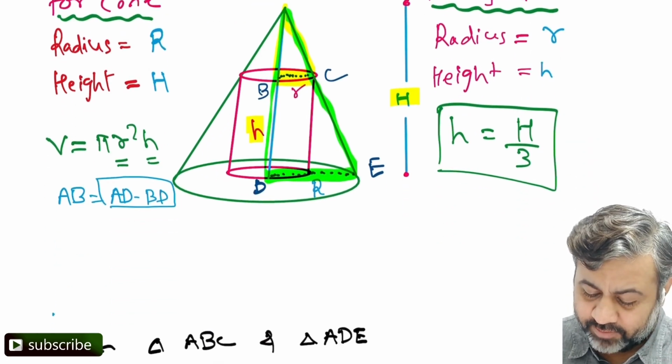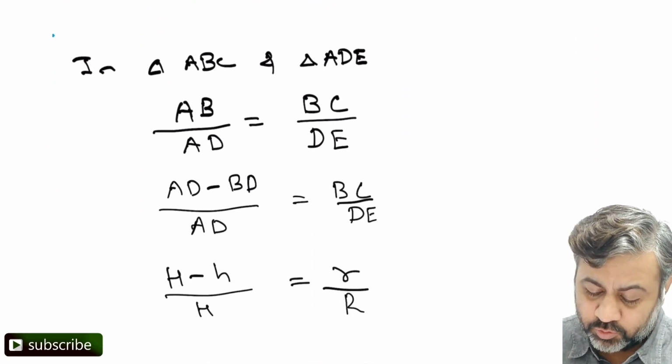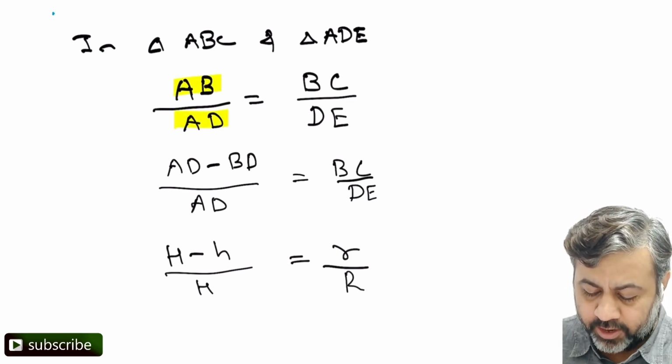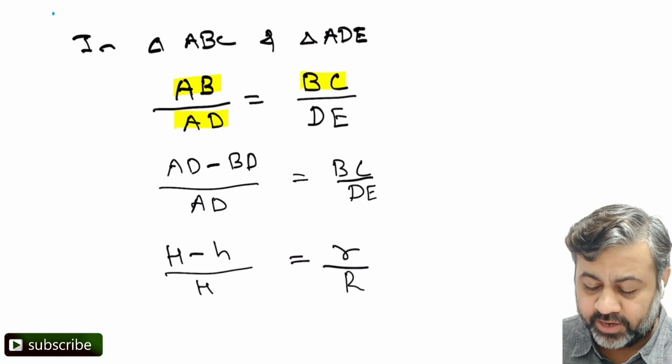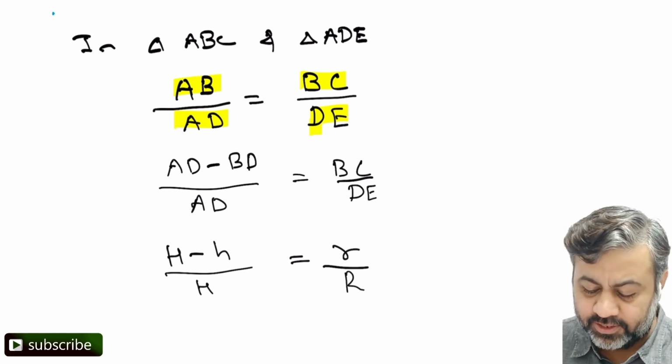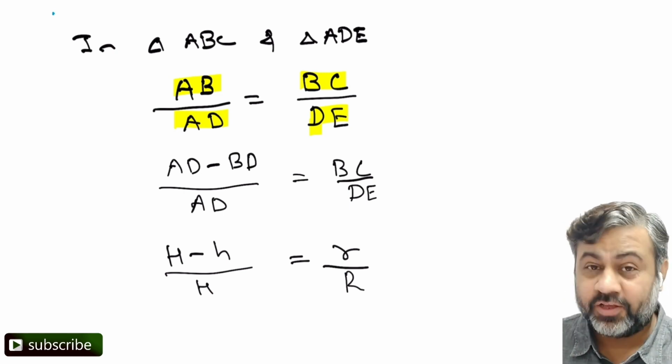So what I'm saying is, in triangles ABC and ADE, we have AB upon AD, that is the height of this triangle, in the ratio of the base of the triangle. Both are right angle triangles basically. But as discussed, what is AB?